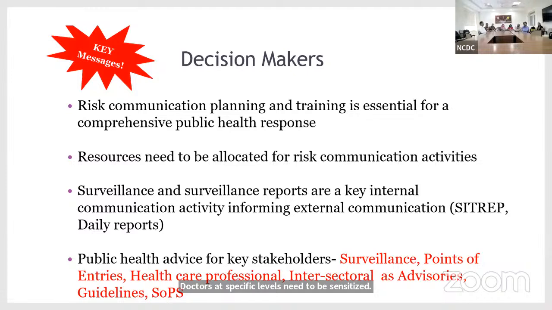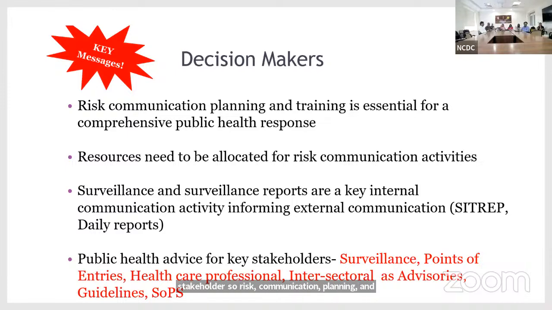As I mentioned, the key messages for all the audiences listed would be very different. For the decision makers, we will go with our plan of communication, and also what public health response needs to happen by which particular stakeholder. So risk communication planning and training is the most important part, which we will go and tell them.